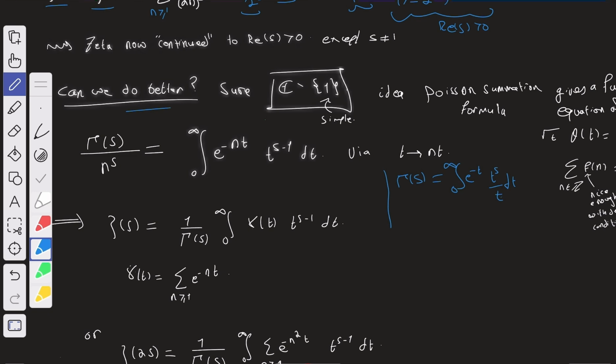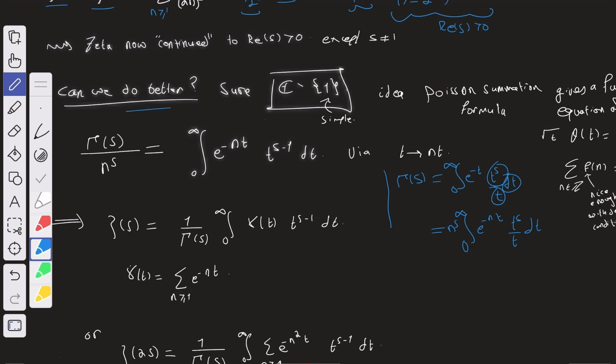If we just do a simple change of variable here, if we send t to nt, here's what we get. We get the integral of e to the minus nt. We're going to have n to the s coming from here, so let's put it outside, and the n from here and the n from here will cancel each other, so we'll be left with this function.